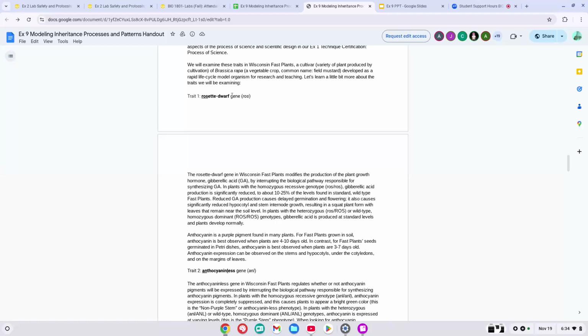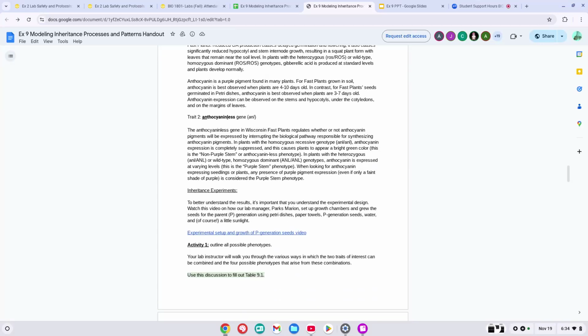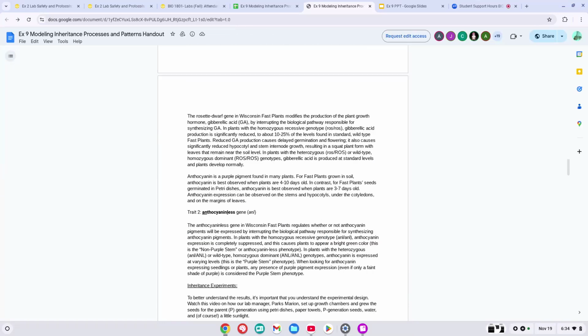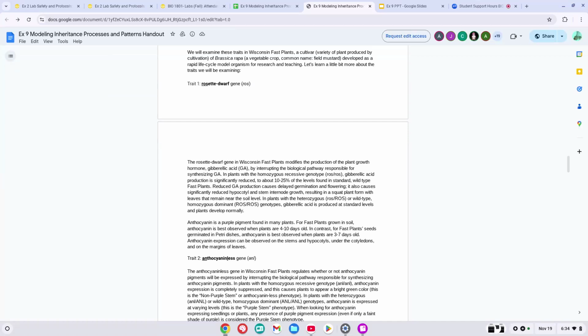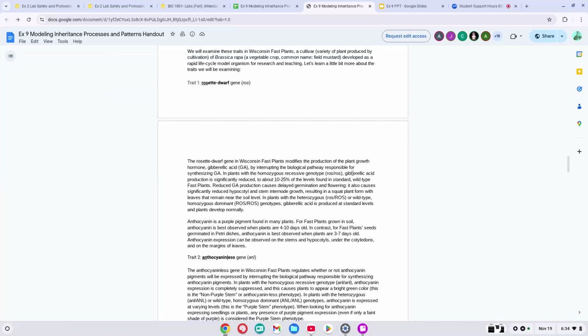If they're rosette, then they're dwarf plants, and they would be homozygous recessive in the ROS gene. Whereas if they're heterozygous or homozygous dominant, they'll produce anthocyanin and be purple, and they'll produce gibberellic acid, right? So that they're a little bit taller for the ROS gene.